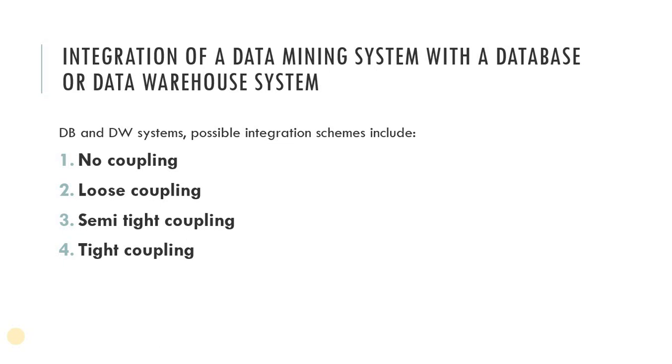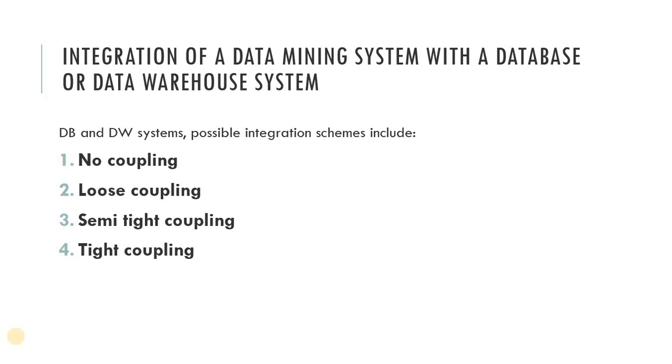The data mining system directly collects the data from data sources like any file or any other data source. Now the data mining system applies particular algorithms on that file, and finally the result is stored in another file. Here we are not integrating the database or the data warehouse system with the data mining system. That is the first type.